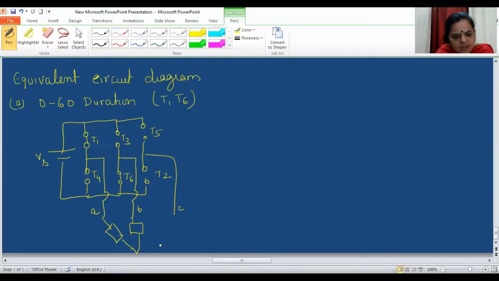So this is a three-phase star connected load where the impedance for A phase is ZA, impedance for B phase is ZB, and impedance for C phase is ZC. Now, as I have assumed that the load is balanced, you can assume that ZA is equal to ZB is equal to ZC is equal to Z.